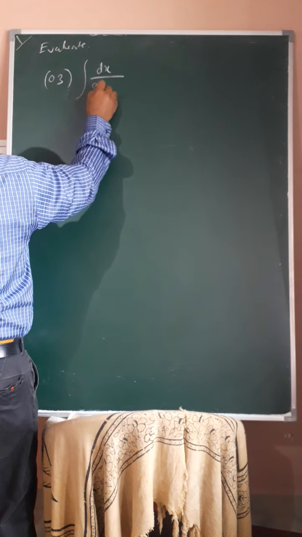Here a is equal to 5 and b is equal to 3, so 5x plus 3. So 1 divided by the coefficient, sin of 5x plus 3 plus c. This is how we write it. It's one more question.